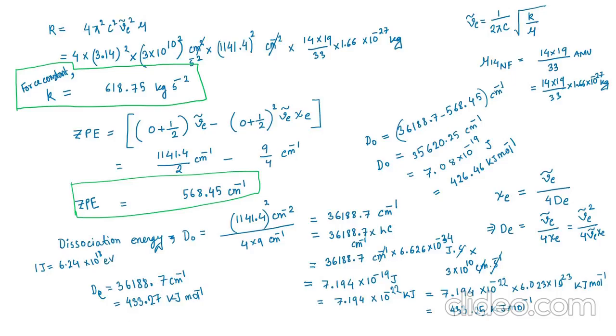So I need to multiply by that factor only. So that is 7.194 into 10 to the power minus 19 multiplied by 6.24 into 10 to the power 18, which is actually 4.49 electron volt. Same here also we can calculate.